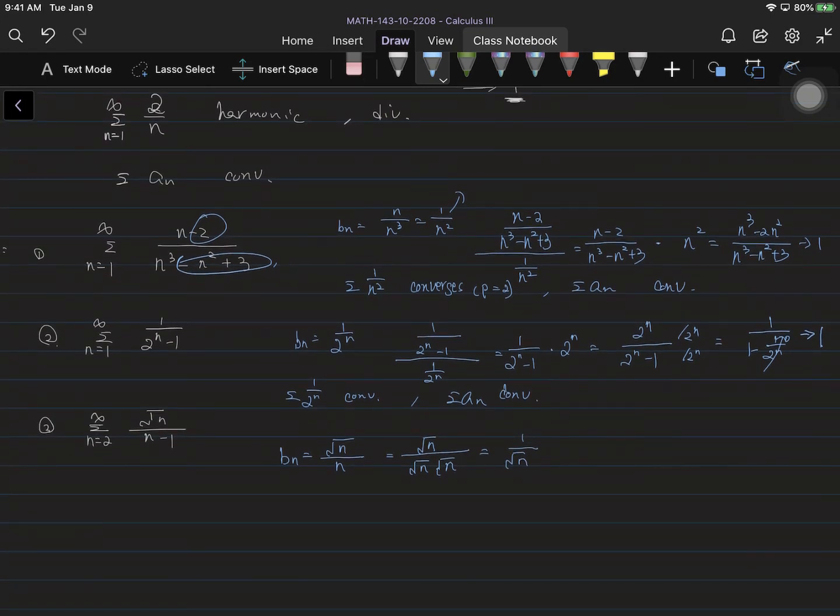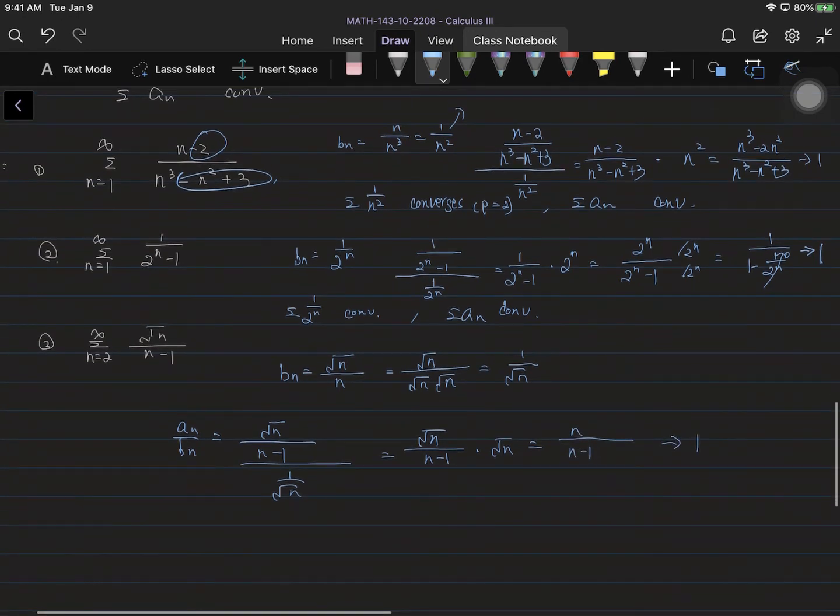And then we do limit comparison, that means An over Bn, times root n. Simplify, combine: n times root n becomes n, and this limit goes to 1. So An and Bn both converge or diverge.